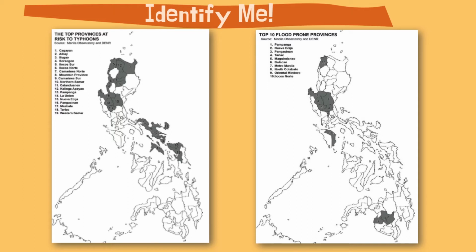Further, the other hazard map shows the top 10 flood-prone provinces. These are Pampanga, Nueva Ecija, Pangasinan, Tarlac, Maguindanao, Bulacan, Metro Manila, North Cotabato, Oriental Mindoro, and Ilocos Norte.